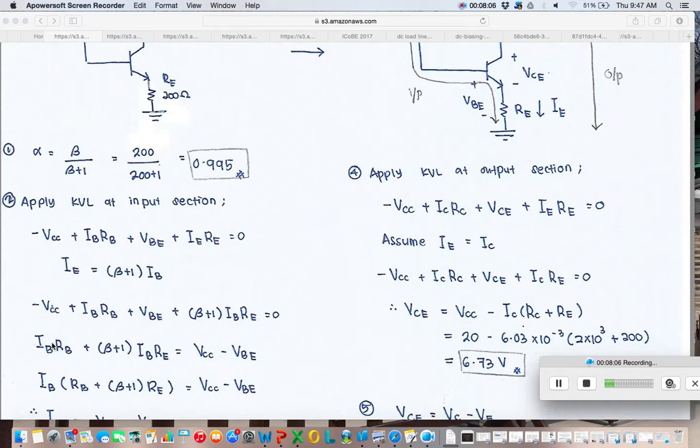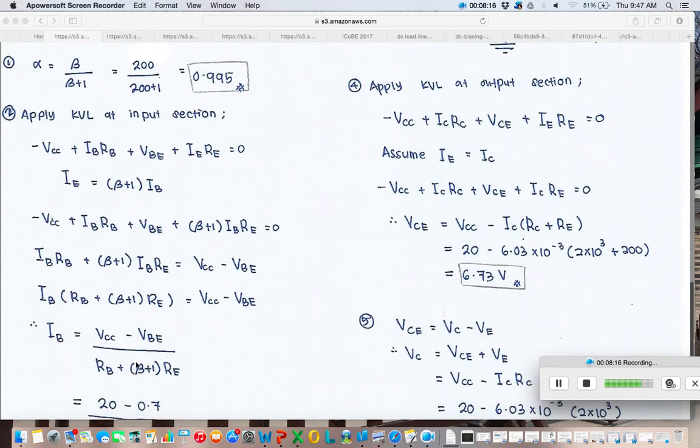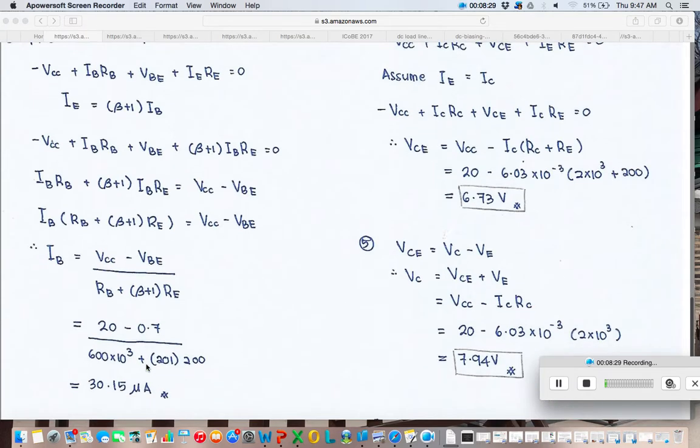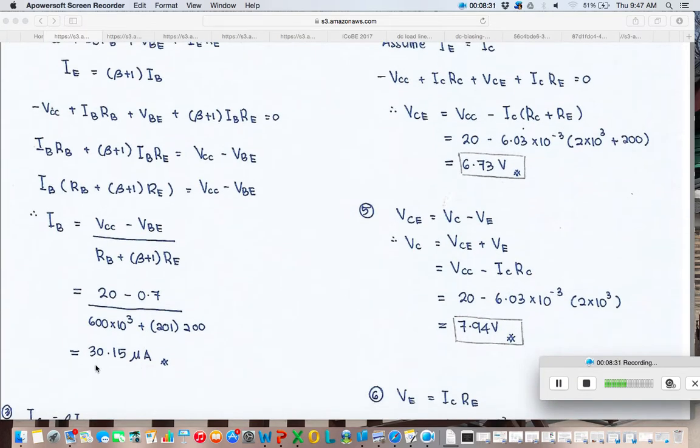It becomes minus VCC plus IBRB plus VBE plus beta plus 1 IBRE. So the next step is you make IB your main concern here. Then you rearrange the equation, and you will get the result.